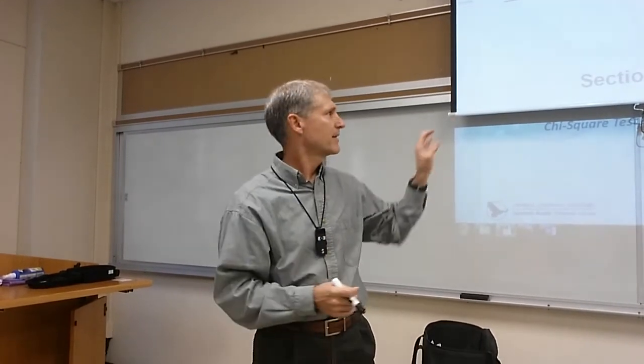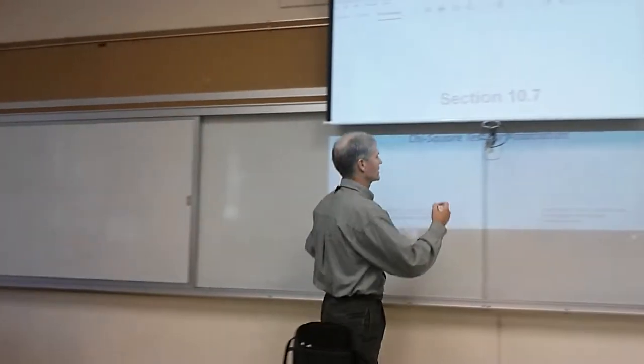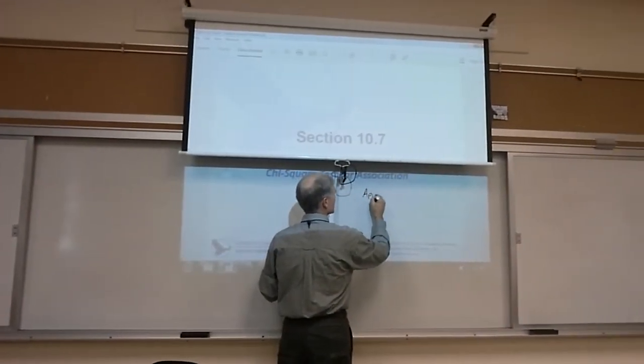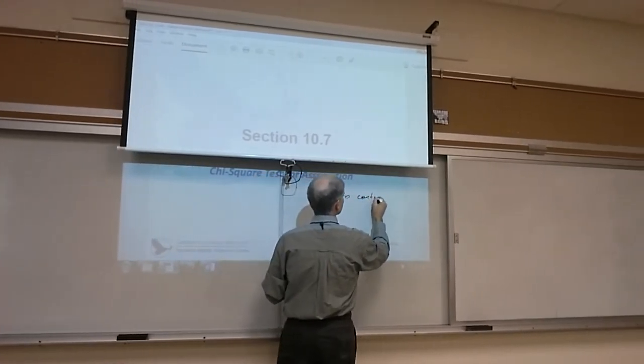In chapter 11, we will do 2 means and 2 proportions. And this really fits, I think, better as 2 proportions. But we do it in chapter 10, so that's okay. But it applies to contingency tables.